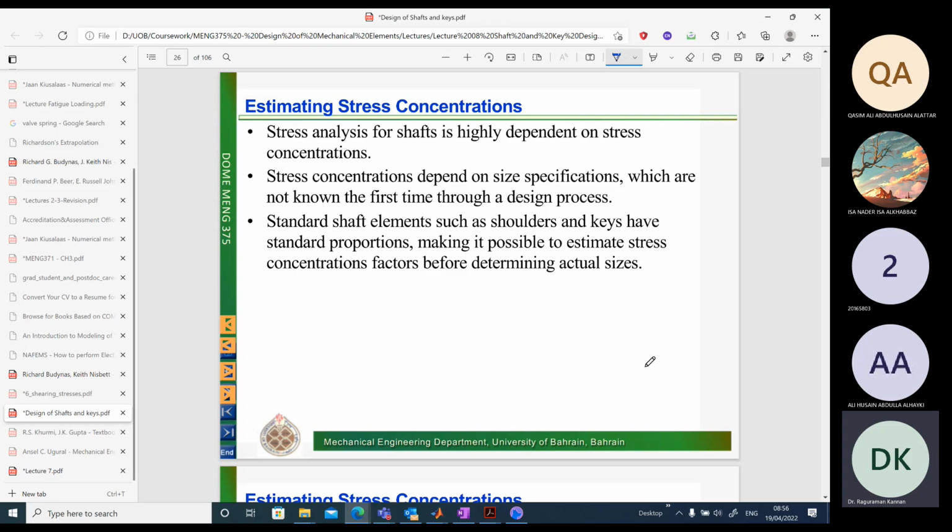diameter of the shaft. In design situations, we want to figure out what is the diameter of the shaft. So which means what? We do not know what is small d, capital D. Usually the shafts are stepped shaft like this.